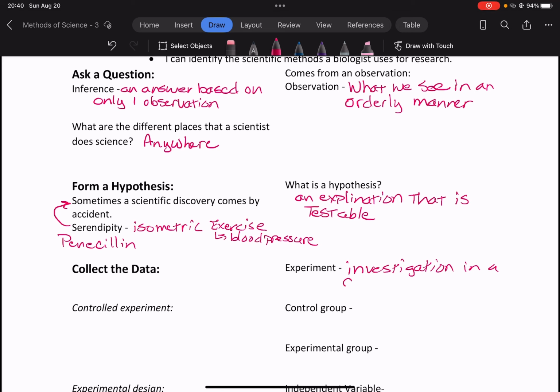And so we control a lot of things inside that.